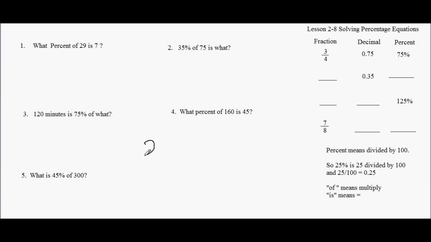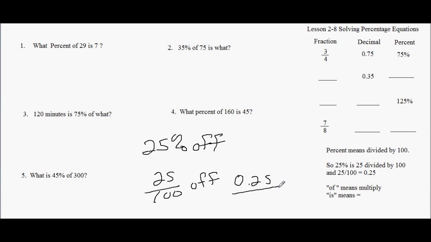So let's go 25% off something, pants or whatever. They'd rather say 25% off than 25/100 off. I mean, it's too complicated. Or if they use 0.25, you wouldn't say 0.25 off. It doesn't make any sense.